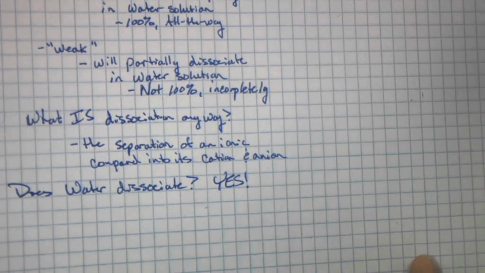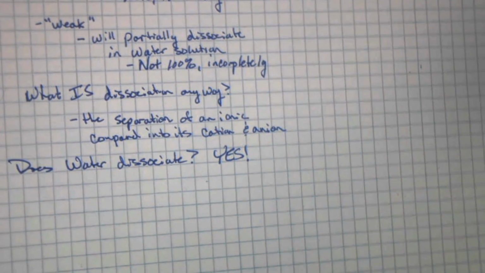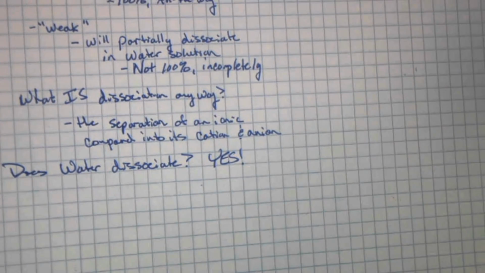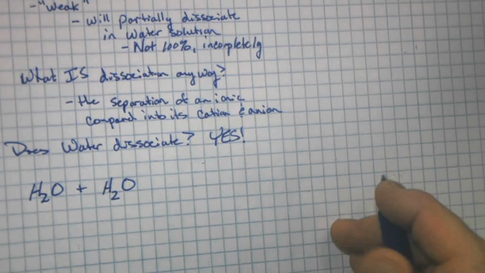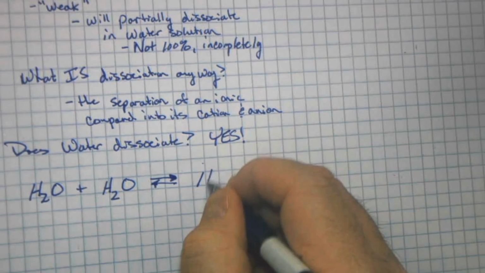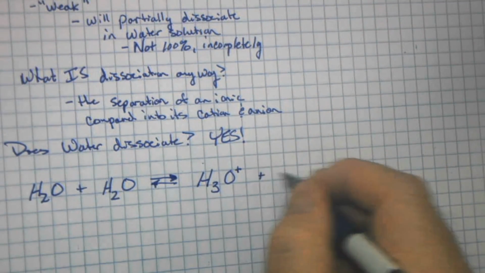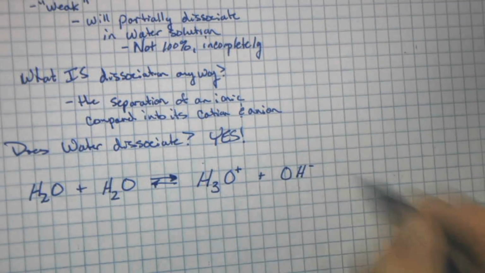Yes, it does, and you've actually worked out the water dissociation in the last problem of the PDawg from yesterday. You'll have two water molecules, and they will create the hydronium ion and the hydroxide ion.